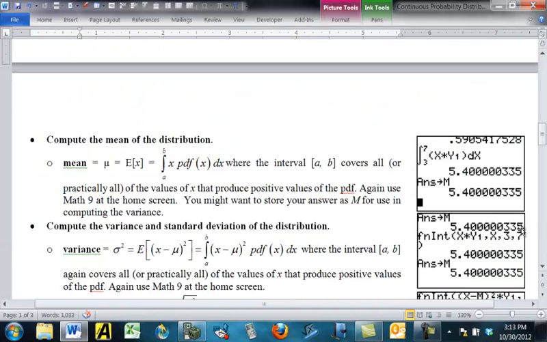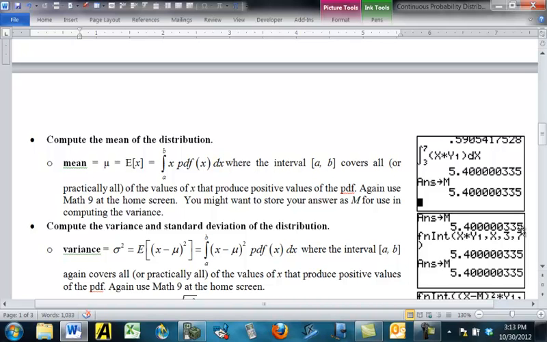We can also use the PDF to compute the mean and variance and standard deviation of the distribution. Remember that the mean, mu, is the expected value of x. When you do the expected value of something, you multiply that something by the probability, the PDF, and then you sum it up.